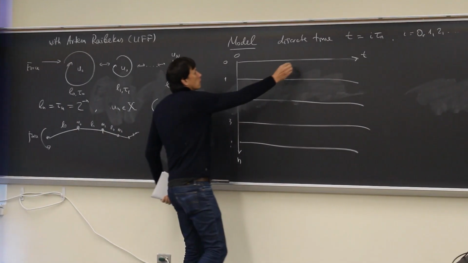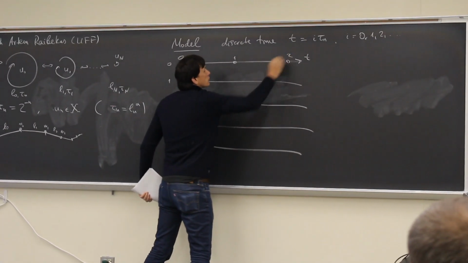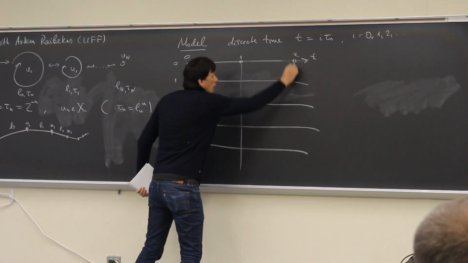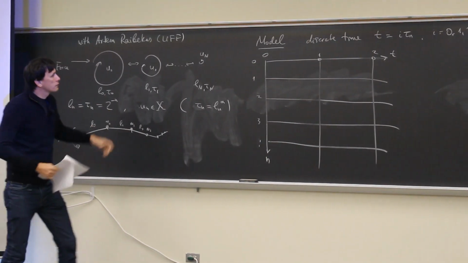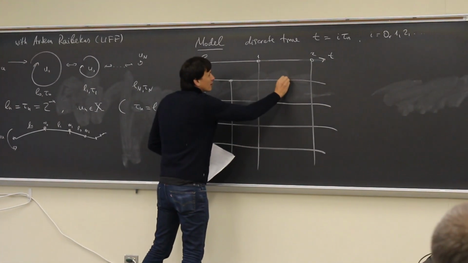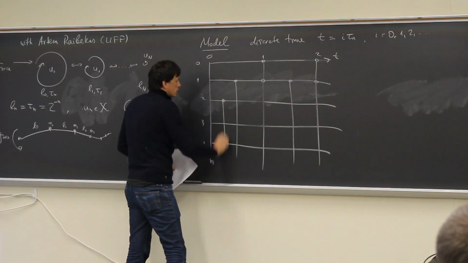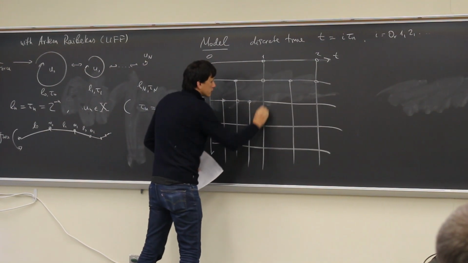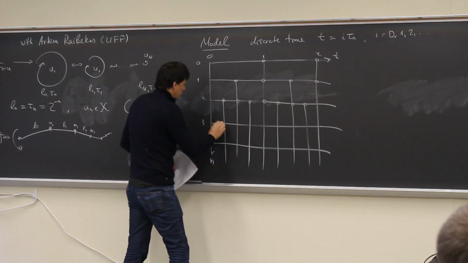We consider only integer times. At the first scale, which is 1/2, the steps are twice smaller. Then at the next scale it is 1/4, and so on.